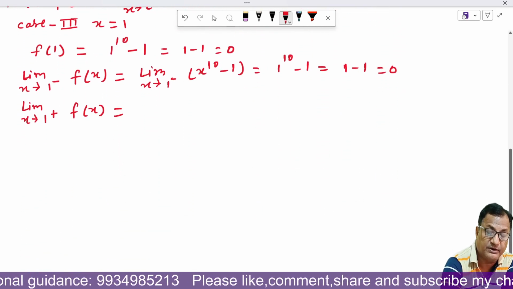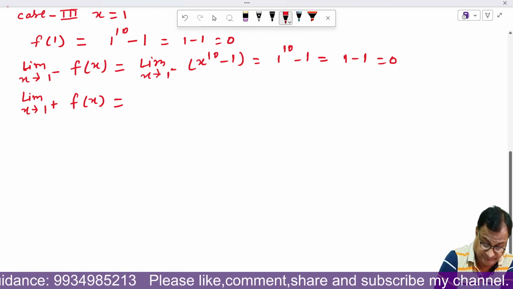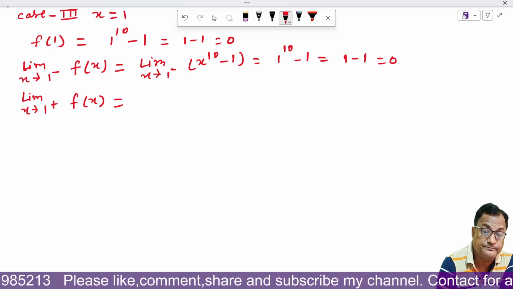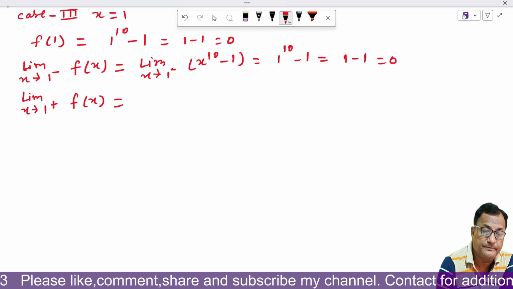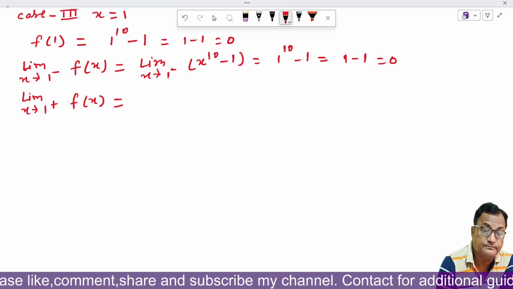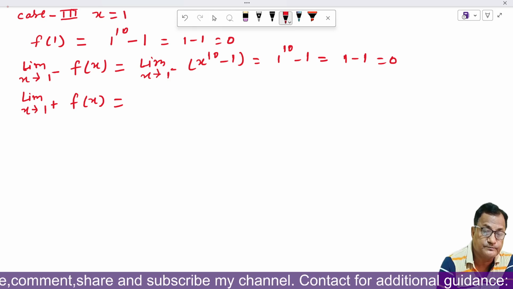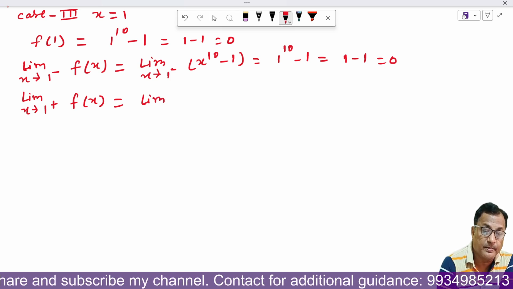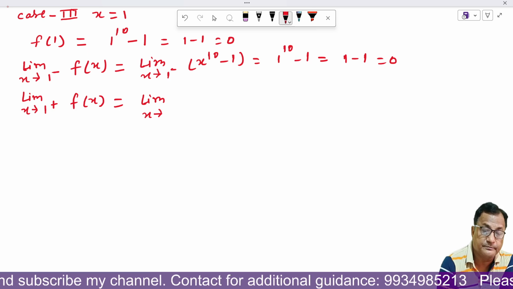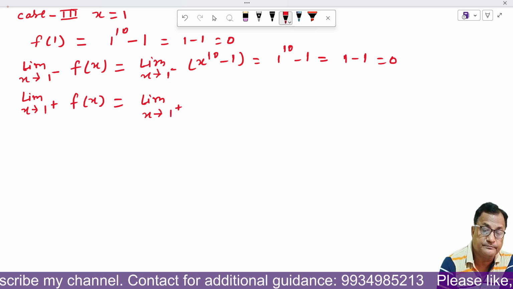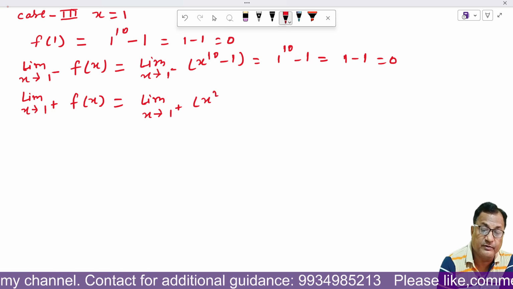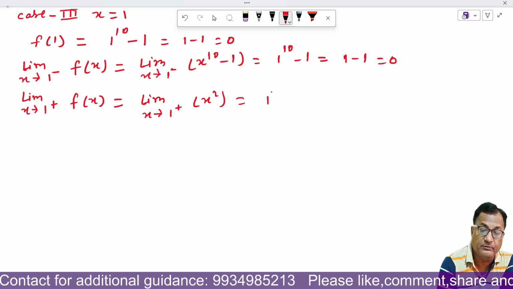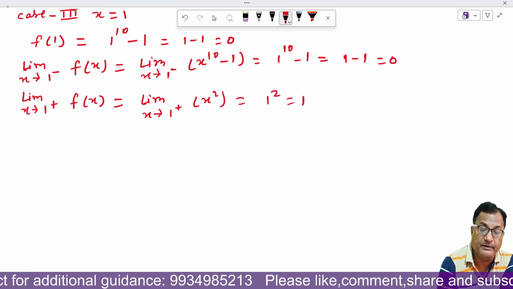Limit of x square, putting value 1, 1 square, so it will be 1.